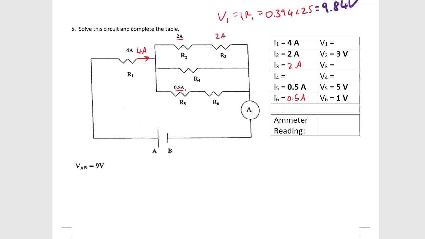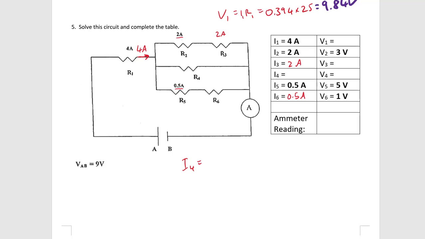That would mean that there'll be a leftover amount of about 1.5 amps, right? So that means I4, just do this properly, will be equal to 4 amps, subtract the 2 amps going through the first branch, subtract the 0.5 going through the bottom branch, and then I end up with 1.5 amps.